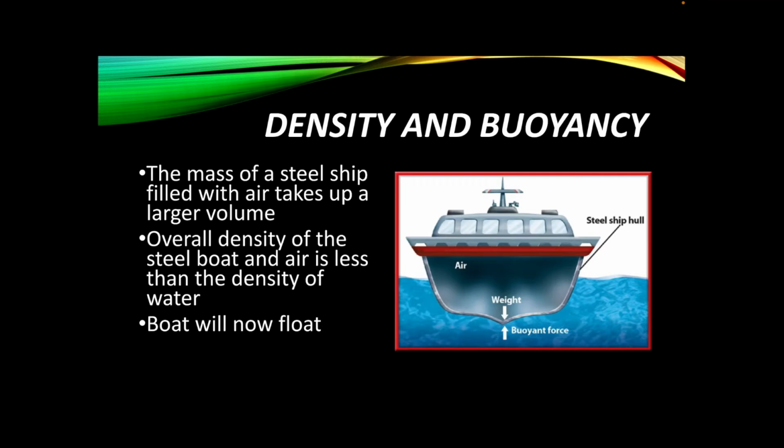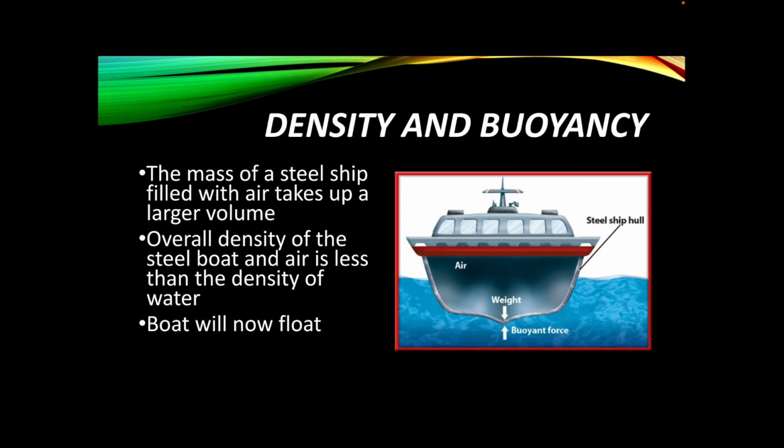Let's look at this ship. The reason a ship that's made out of metal can actually float is because the steel that makes it up is spread out more and takes up more volume, and therefore it has a bigger mass.